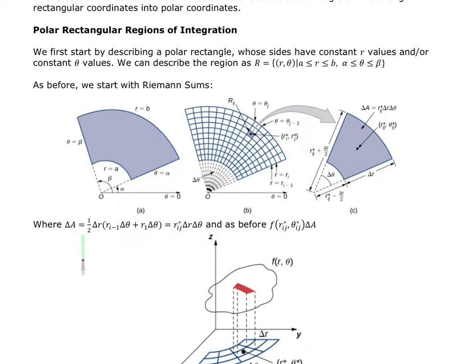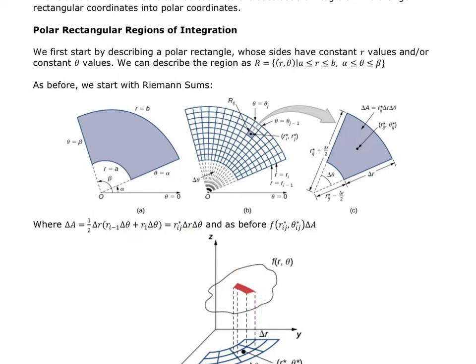Our area that we're going to be looking at is going to be 1/2 delta r, and then r sub i minus 1, and that is looking at this point right here. And then multiplied by delta theta, plus r sub i delta theta, which is all of my r_ij's, delta theta.